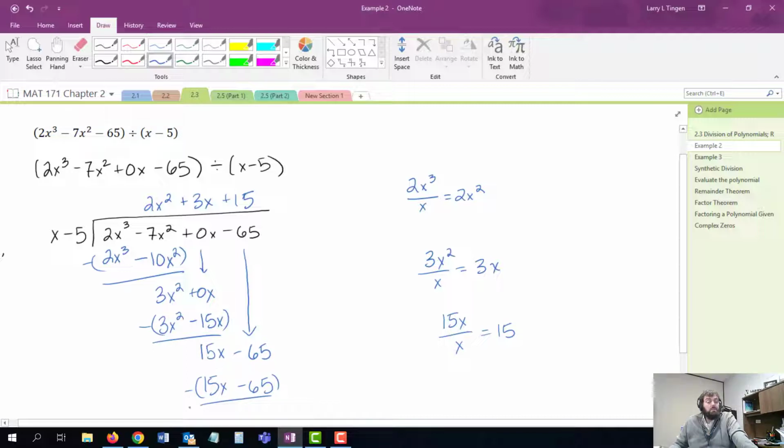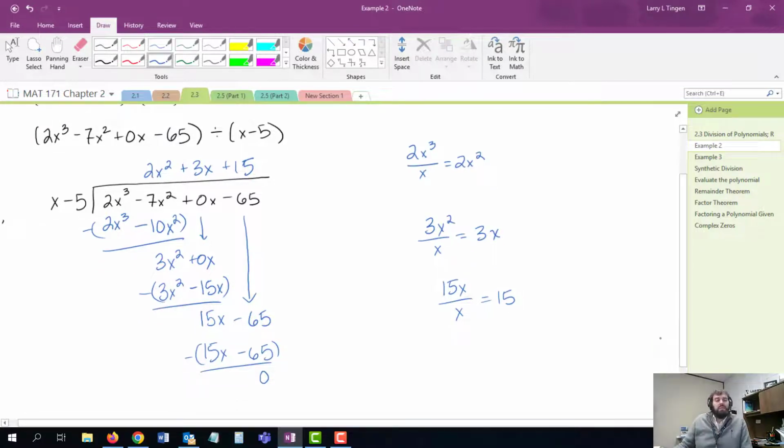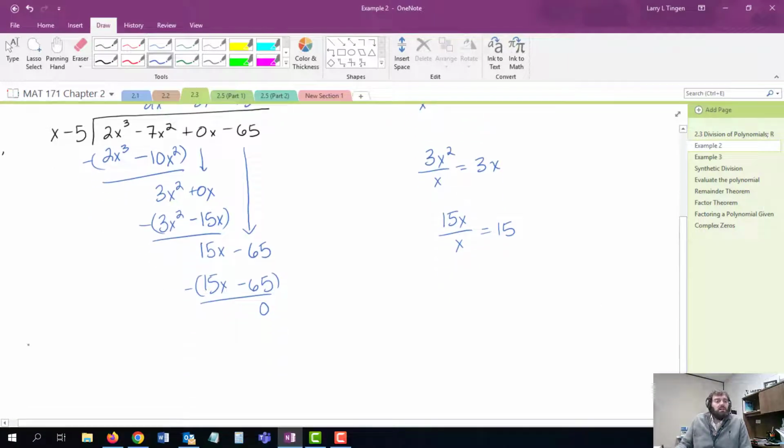Negative 65 minus negative 75 becomes plus 10... I have a remainder of 0, which means x minus 5 goes into 2x cubed minus 7x squared plus 0x minus 65 evenly. If I want to write it out, p of x is equal to the quotient times the divisor plus the remainder.